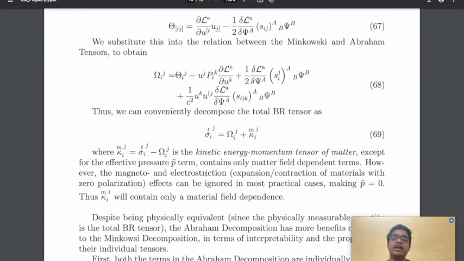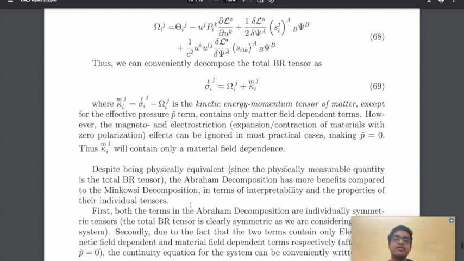We just define this kappa as sigma minus omega, and then we can obviously write sigma as the sum of omega and kappa. And so this kappa is the kinetic energy momentum tensor of matter. Okay, and this equation, the total BR tensor, has now been written in this form.